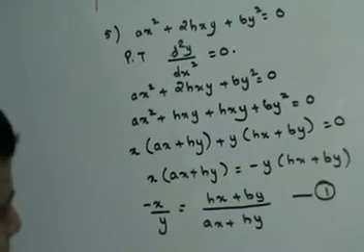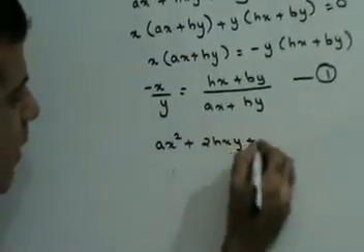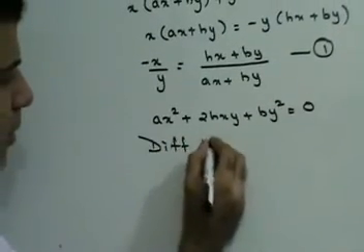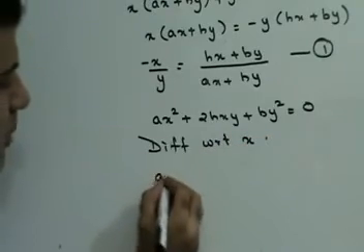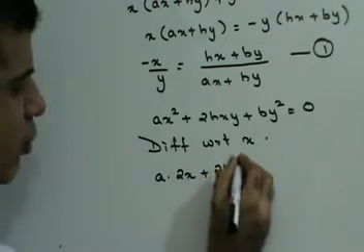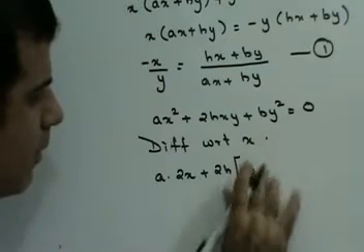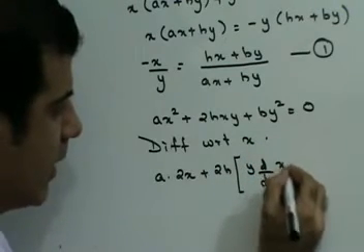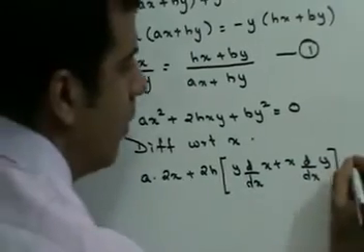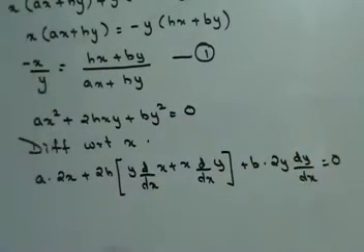Let's start with the sum again. Ax square, the original question I am writing here, 2hxy plus by square is 0. Differentiate with respect to x. If I differentiate with respect to x, a is as it is. X square is 2x plus 2h xy, y d by dx of x plus x d by dx of y, plus b y square is 2y dy by dx is 0.